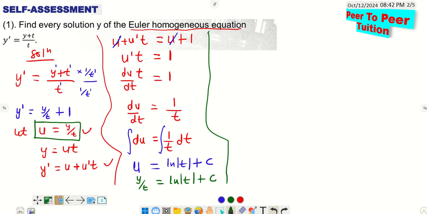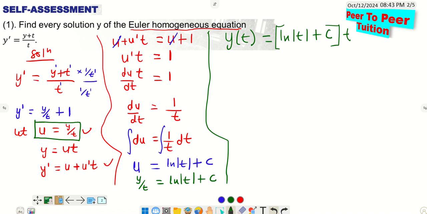If I multiply through by t, I'm going to get y. y is a function of t, should be equal to ln t plus c, all multiplied by t.